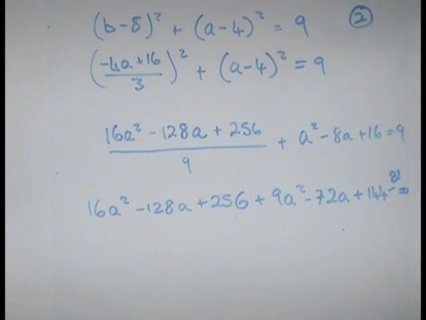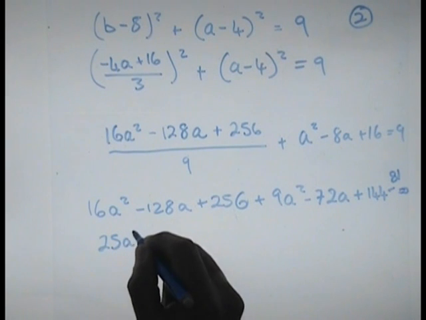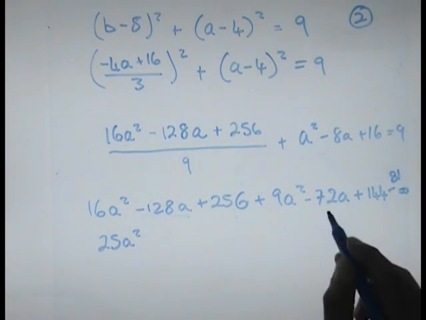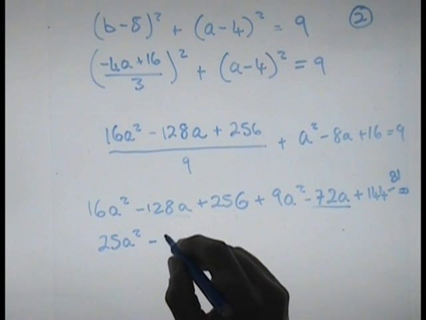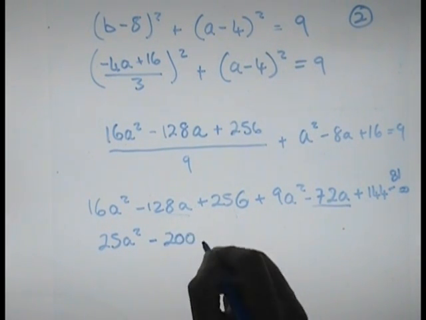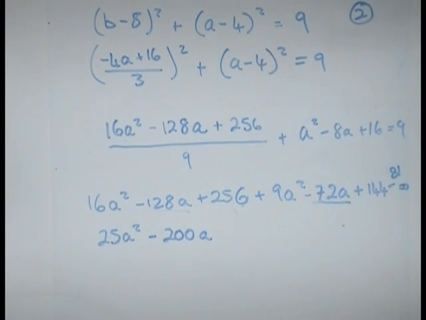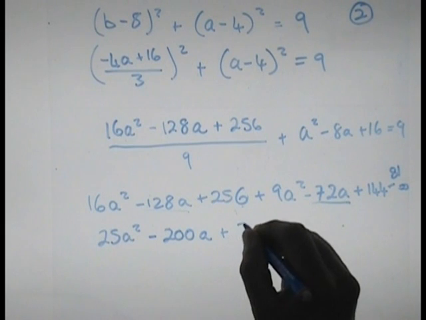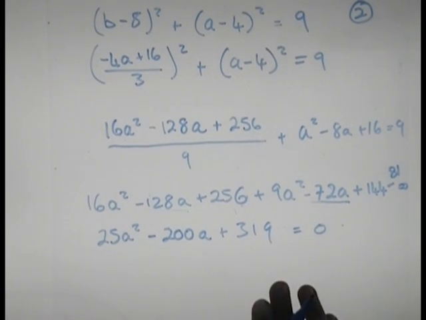I took that 9 across, but I also multiplied it by the 9. 16A squared plus 9A squared is going to give me 25A squared, minus 128A minus 72A is going to give me minus 200A, plus 256 plus 144 minus 81 is going to give me plus 319. That's all going to equal 0.